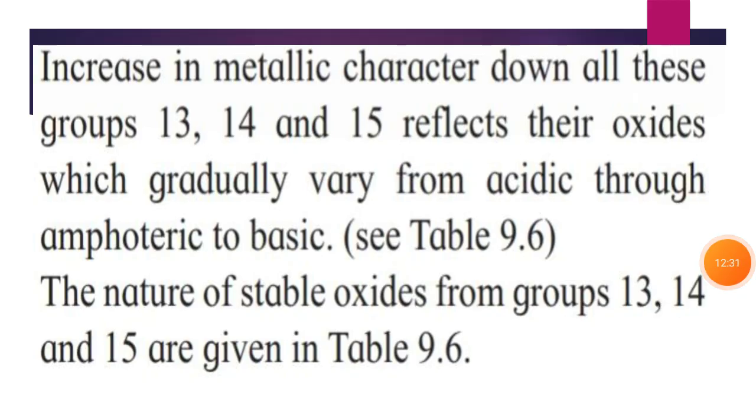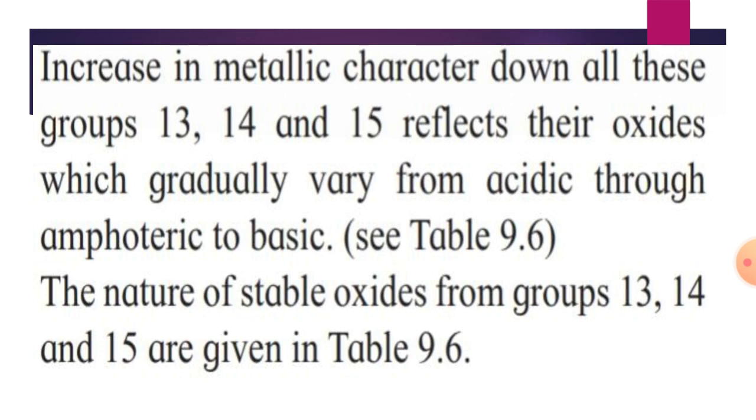So student, metallic character increases down the group as we are moving down groups 13, 14 and 15. The metallic character of the elements increases, which is reflected in their oxides, which gradually vary from acidic to amphoteric to basic. Fine.